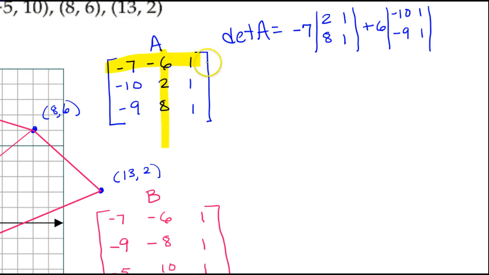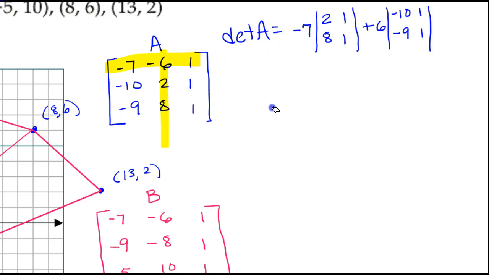For the first row, if I use the first row, I go plus, minus, plus. That means in terms of the signs, I keep the first one the same, I change the middle one, and I keep the third one the same. If I were to do the middle row, it would be change, keep, change. And if I do the bottom row, it would be keep, change, keep. All right, so just memorize that little pattern.